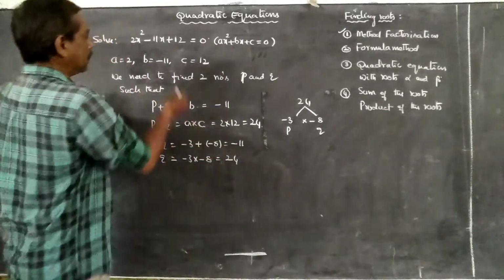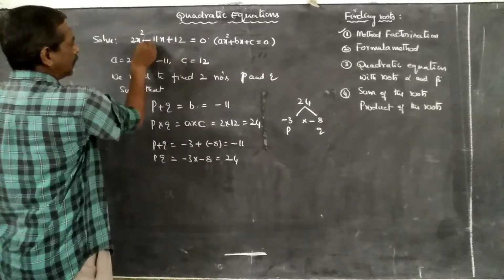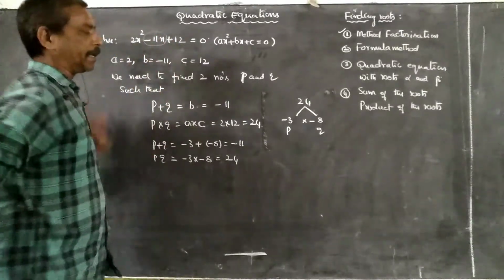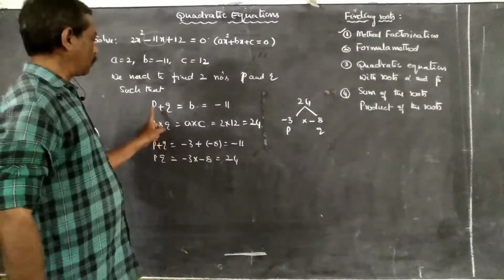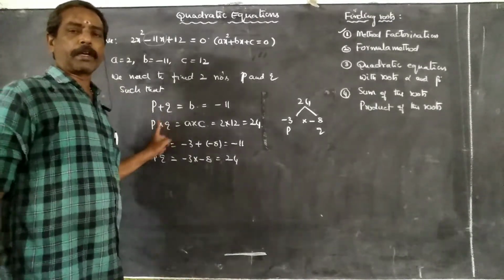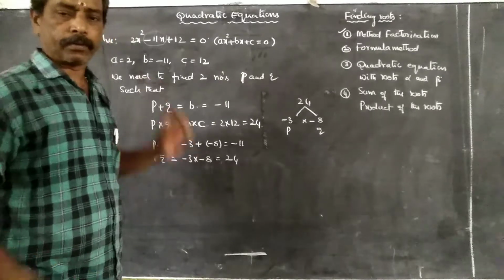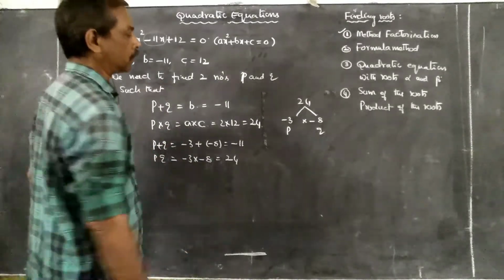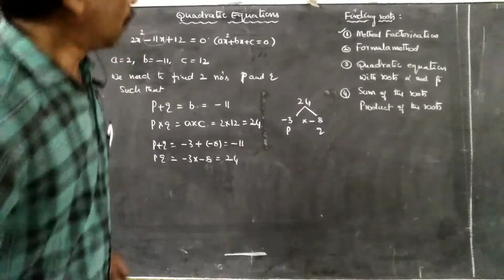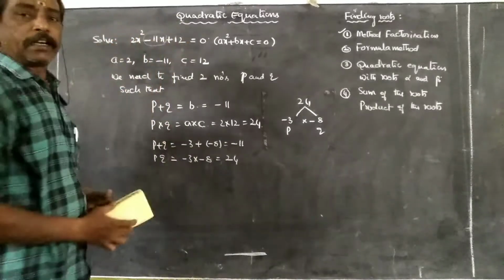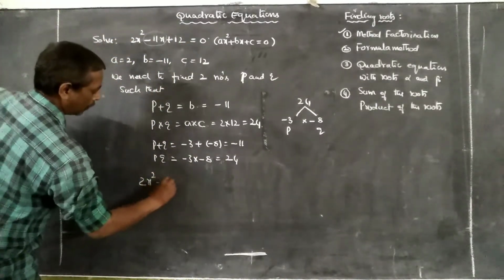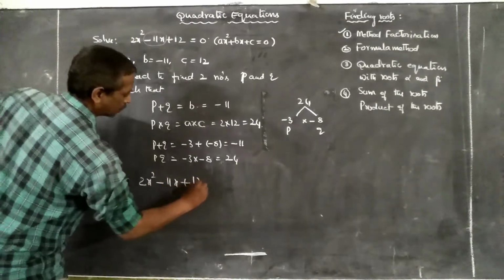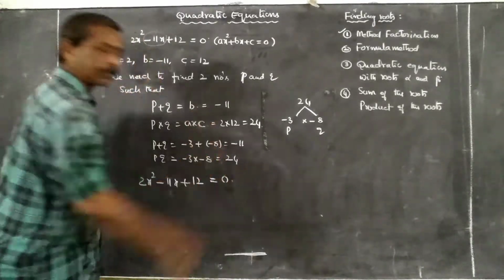That means split the middle term in the given quadratic equation into two terms whose sum equals p plus q and whose product equals p into q. Is it clear? So now, how to split the middle term? Consider 2x square minus 11x plus 12 is equal to 0.